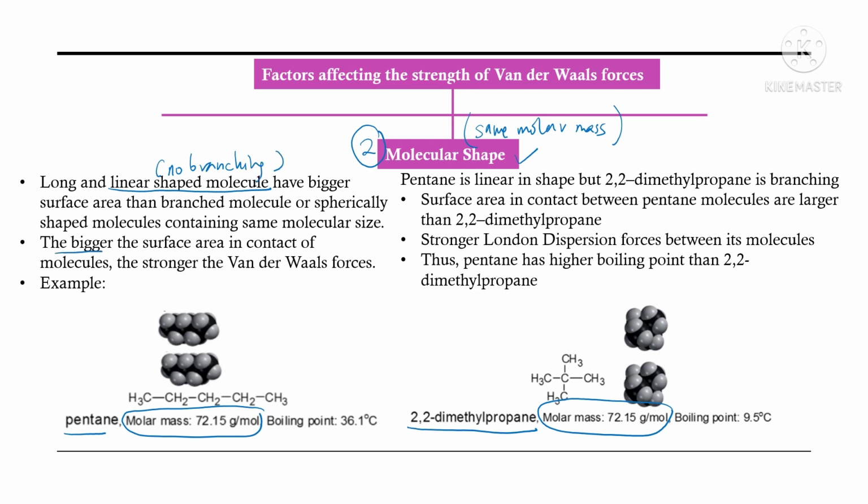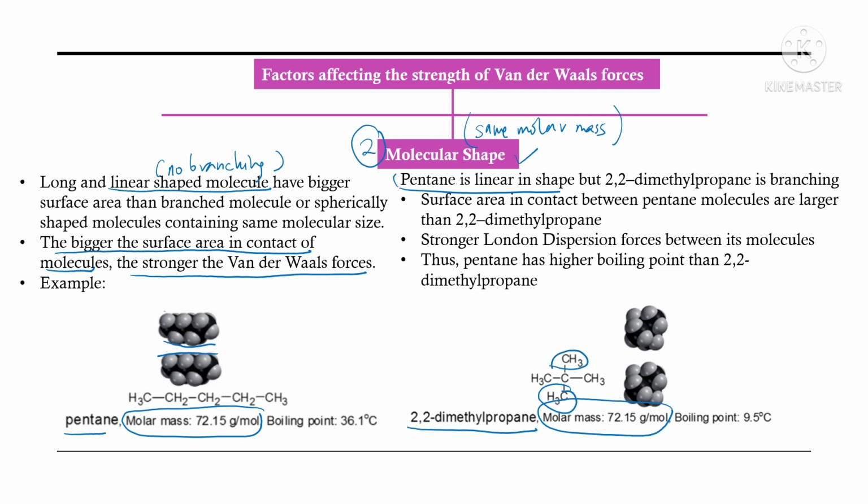will have larger surface area in contact between molecules, therefore having stronger van der Waals forces compared to those molecules with branching. For example, pentane is linear in shape, having no branching, but 2,2-dimethylpropane has branching.